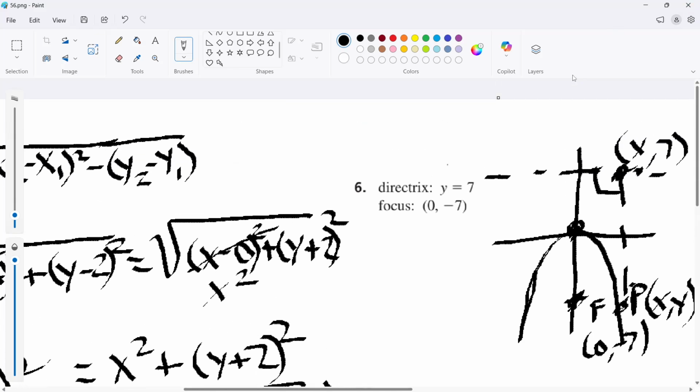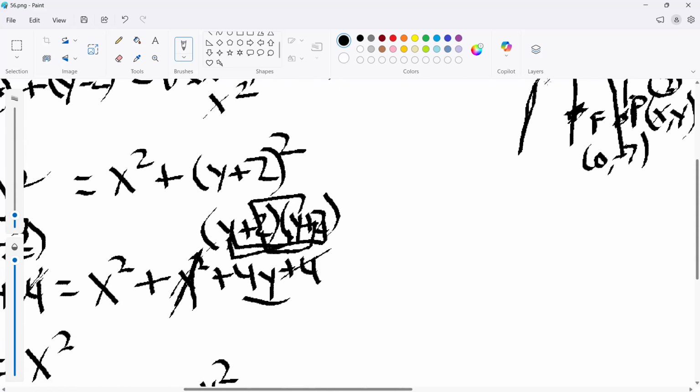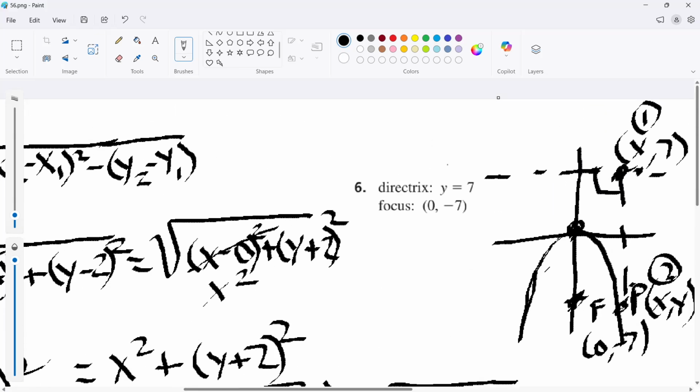So I'm going to call this point 1, this point 2, and I'll write the distance between point P and that point on the directrix: x minus x, and then the whole thing squared is 0 squared, plus y minus 7 squared.